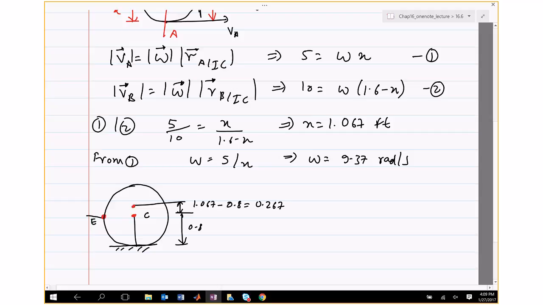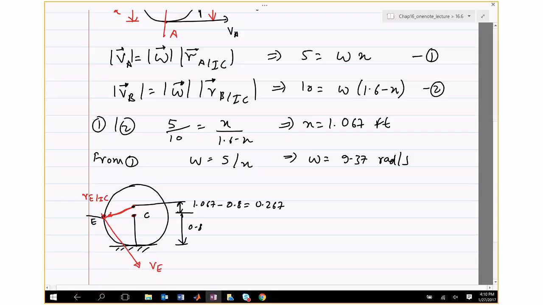So what I do is I draw a line from IC all the way to E. So that's going to be RE with respect to IC. And then all I need to do to find the velocity is draw a normal to this line. So the normal is this way. So this is going to be the velocity of E.